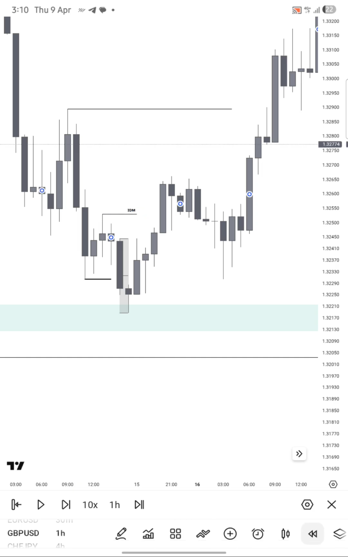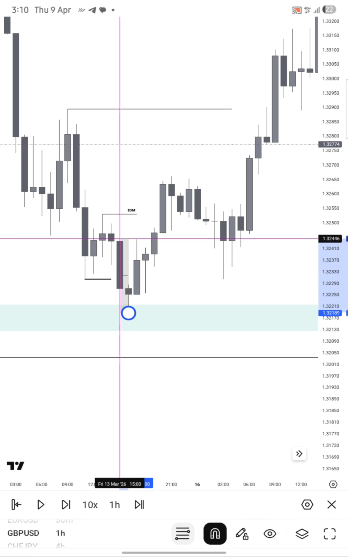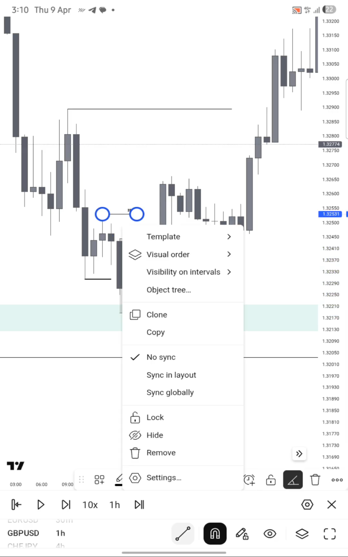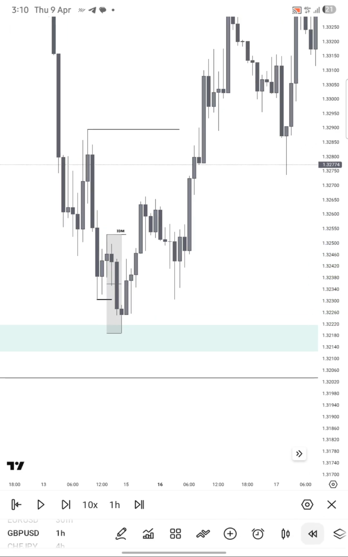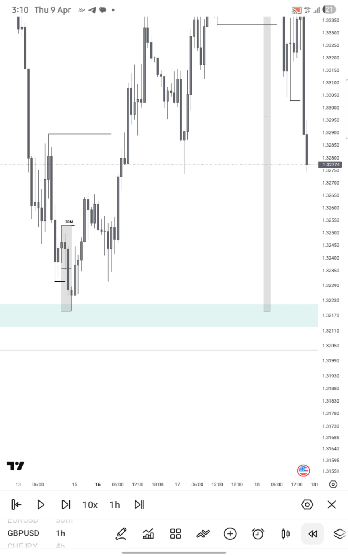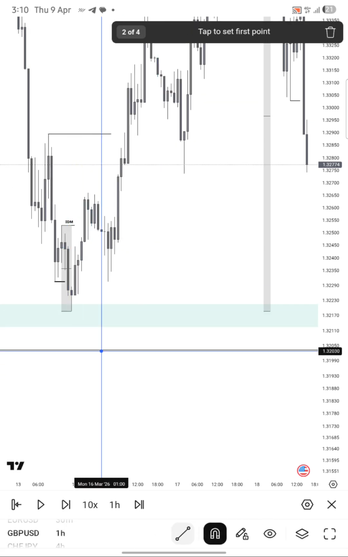What we need to do is identify this level, and we will be interested in finding liquidities in the area of interest inside this zone. So now the market needs to engineer liquidity for it to come back to take this low, and this low we talked about.